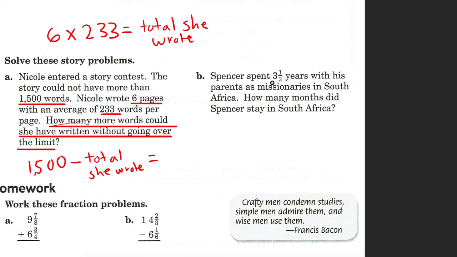Spencer spent 3 1/3 years with his parents as missionaries in South Africa. How many months did Spencer stay in South Africa? One important thing: how many months are there in 1 year, guys? 1 year equals 12 months, correct?